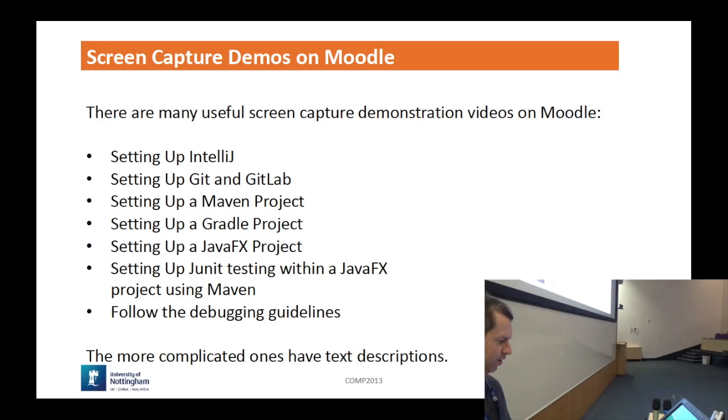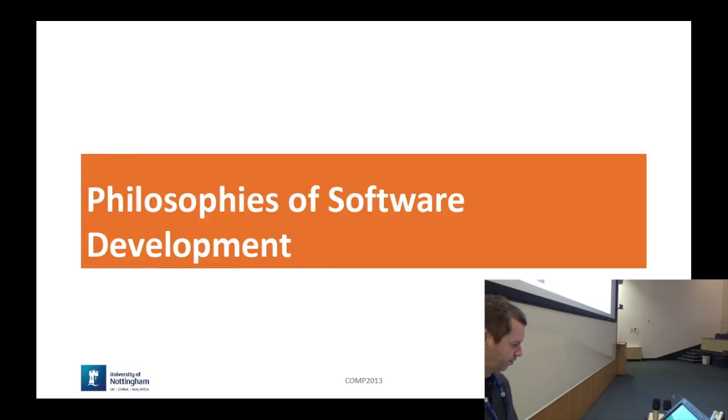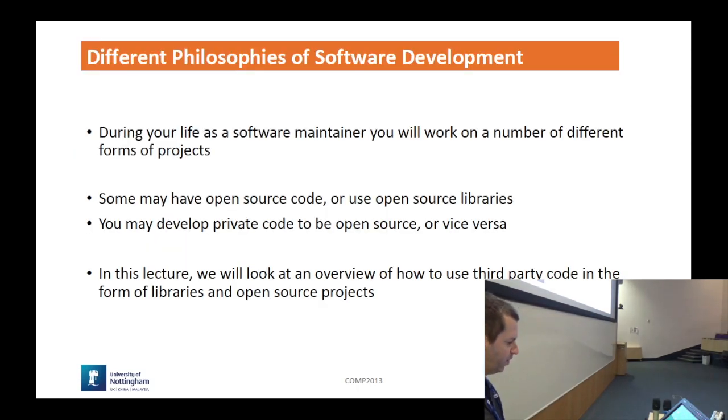So we're going to talk a little bit about the philosophies of software development. You'll work on lots of different projects during your career, well, if you enter this career, right? Some of those projects may use open source code or open source libraries, and you may develop private code to be open source or vice versa.